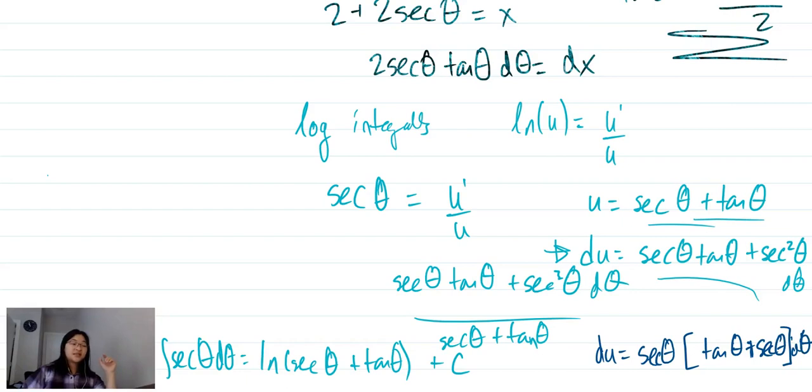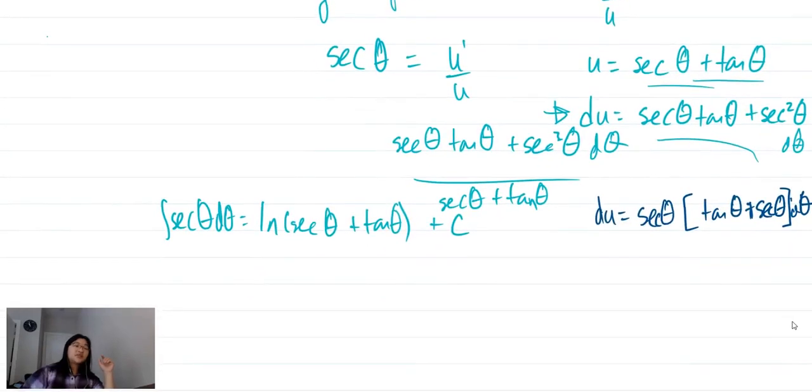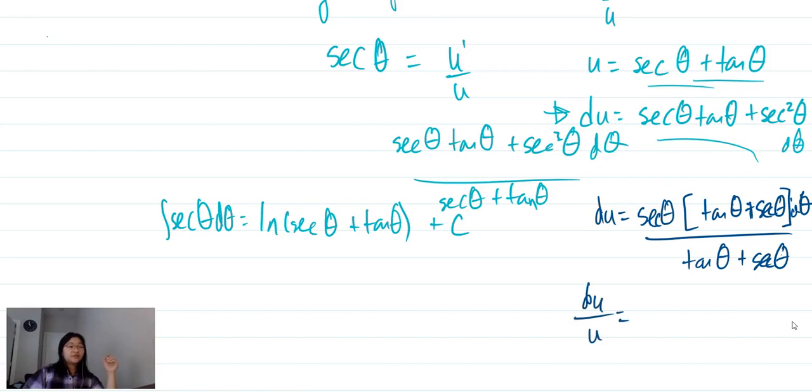So if we divide both sides by tangent theta plus secant theta, that means that we're dividing by u, so then we have du over u is secant theta. So that's where this came from. And that's our log form that we wanted.